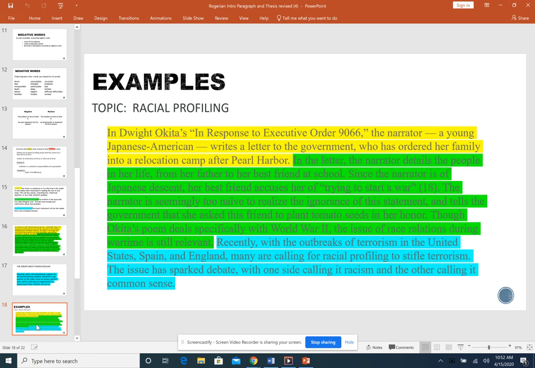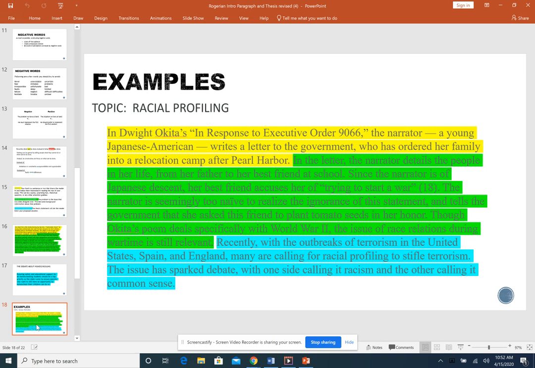Again, remember, yellow is the hook, green is the background information, and the teal blue is the thesis. In Dwight Okita's "In Response to Executive Order 9066," the narrator, a young Japanese American, writes a letter to the government who has ordered her family into a relocation camp after Pearl Harbor.